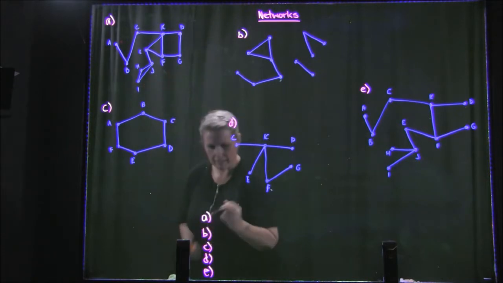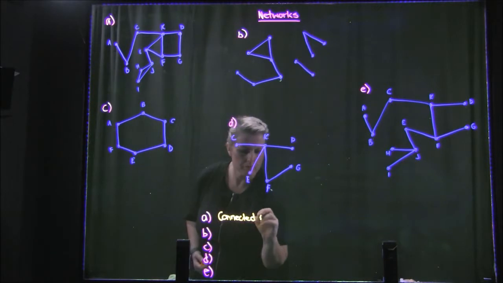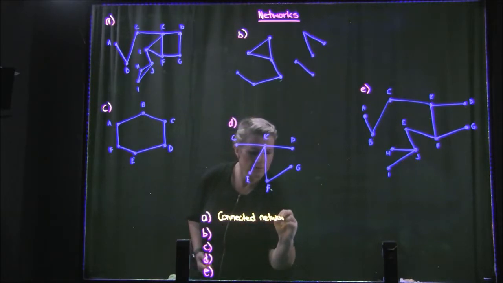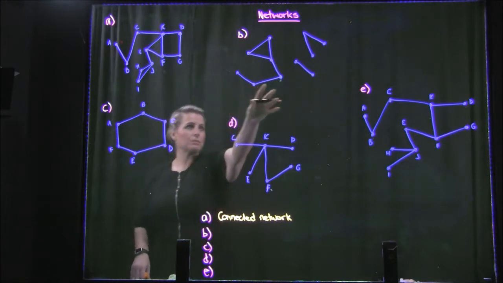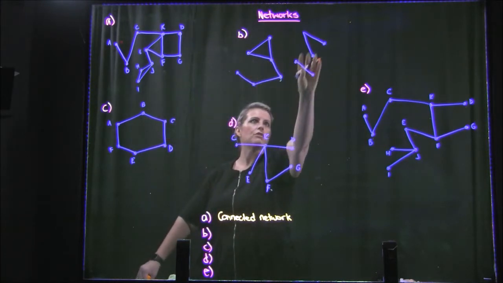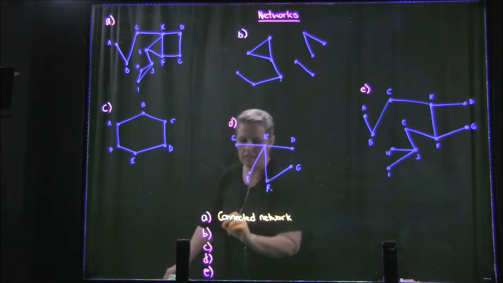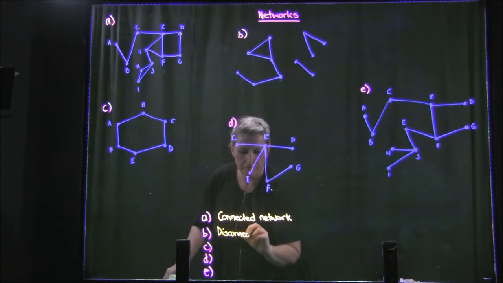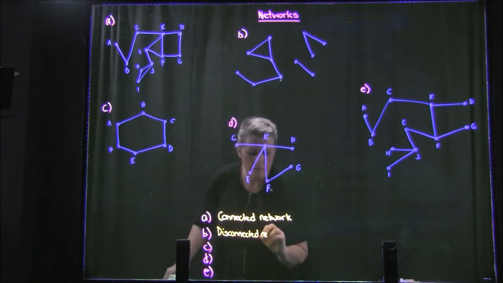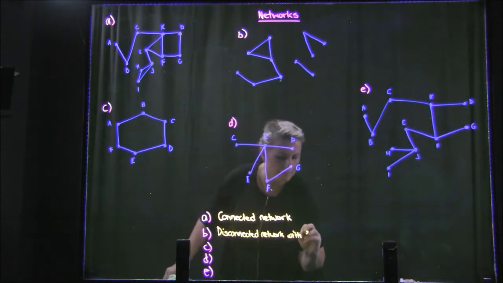Okay, that makes it a connected network. This one B, the networks are in 3 separate parts. So that means it is a disconnected network with 3 parts.